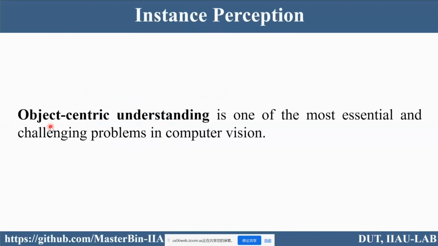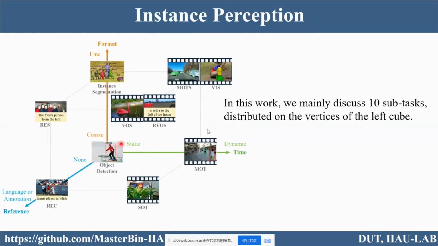As we know, object-centric understanding is one of the most essential and challenging problems in computer vision. In this work, we mainly discuss 10 subtasks distributed on the vertices of the left cube. So starting from object detection, by replacing the coarse bounding box representation with fine mask, we can obtain instance perception tasks.